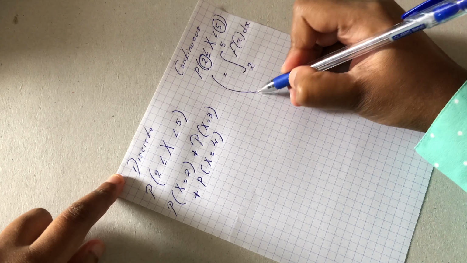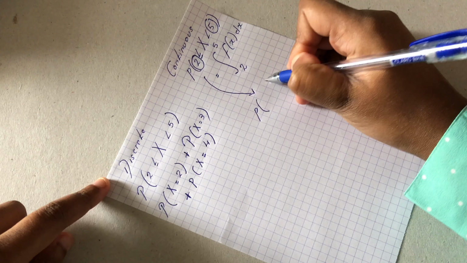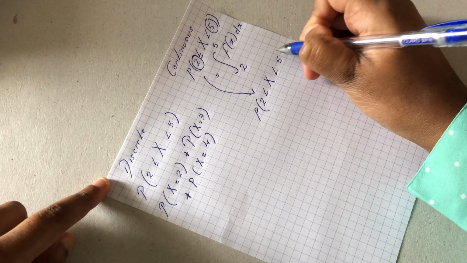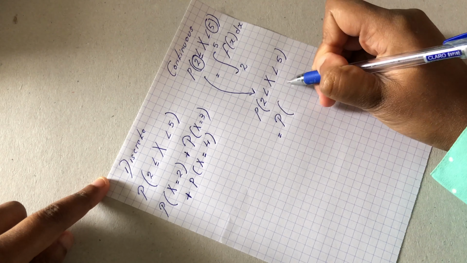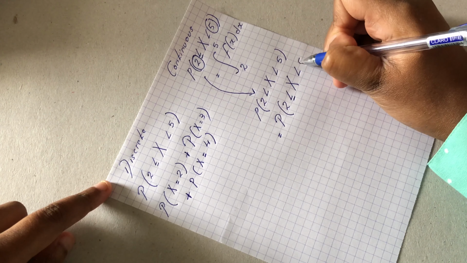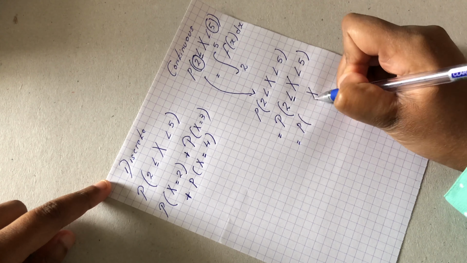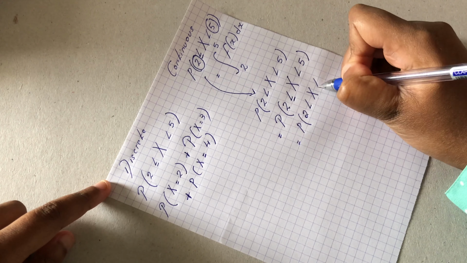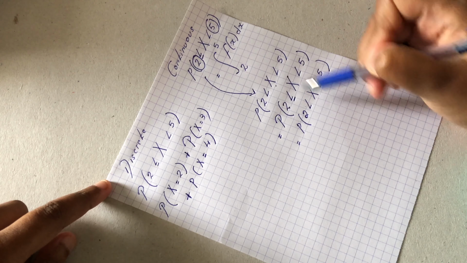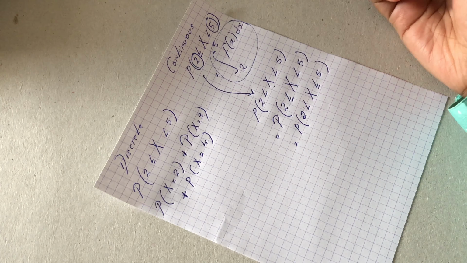This probability is going to be the same as the probability of x lying between 2 and 5 with any combination of inclusive or exclusive endpoints. So all these probabilities will give the same integral.